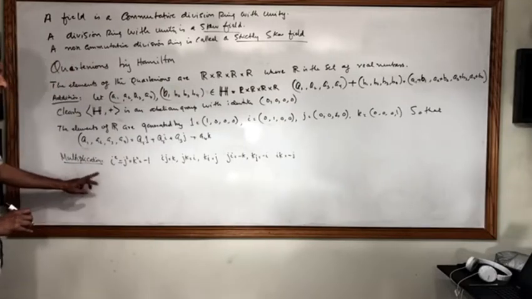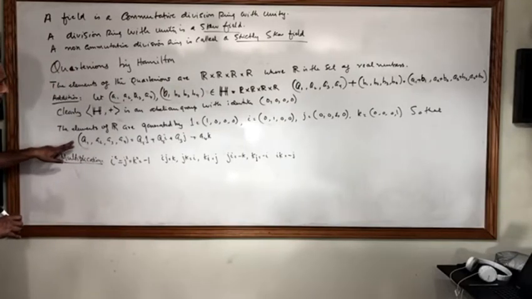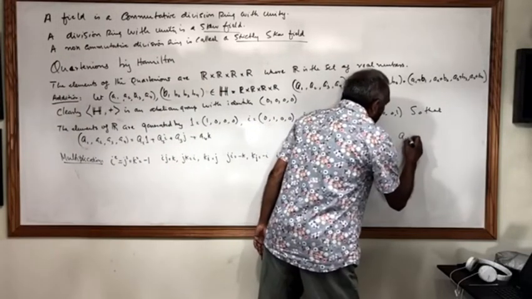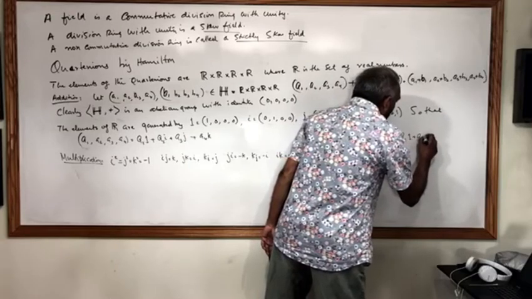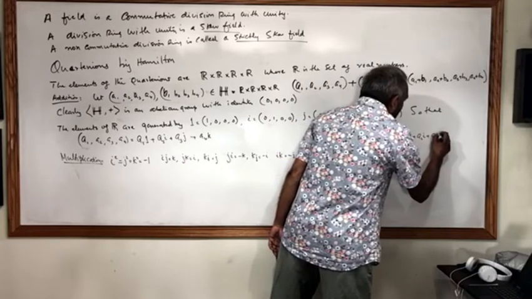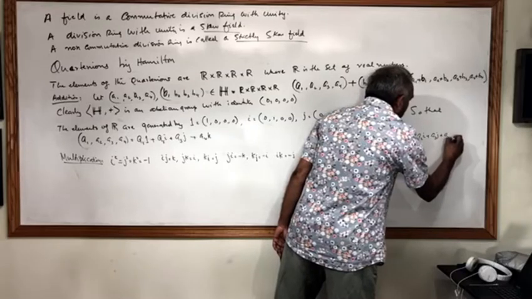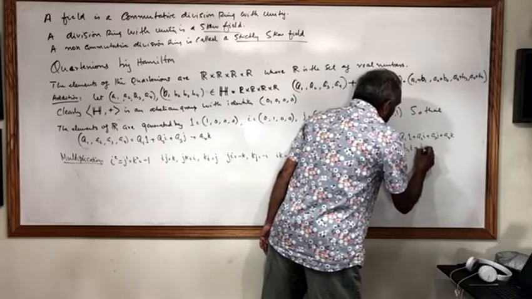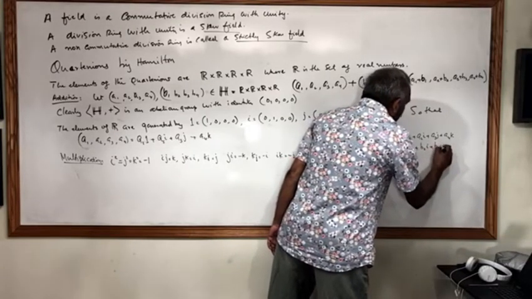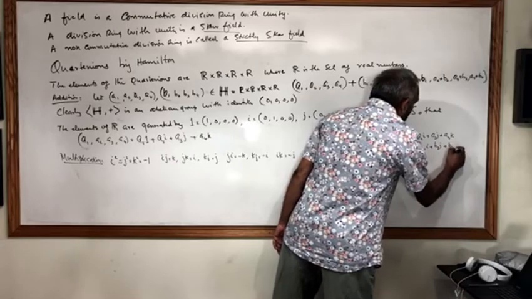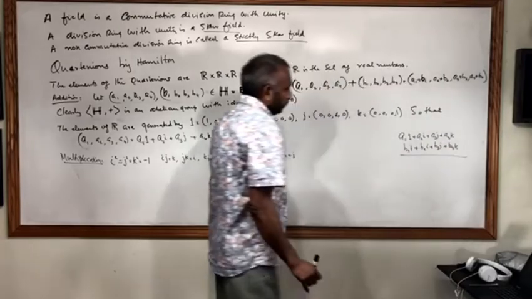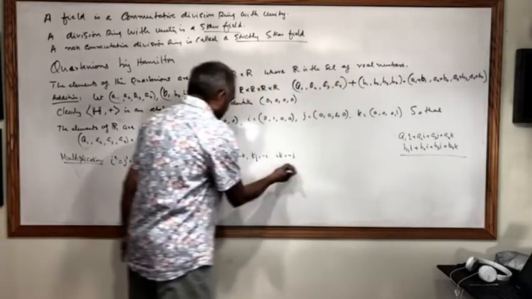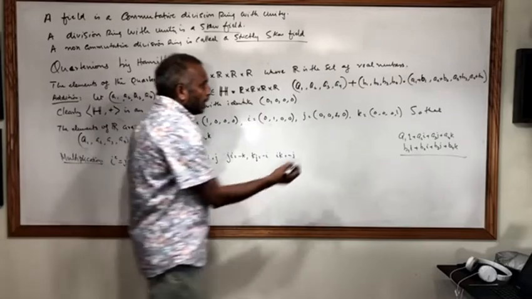Why do we want to define it like this? When you multiply two elements like A1 1 plus A2 i plus A3 j plus A4 k times B1 1 plus B2 i plus B3 j plus B4 k, you will get terms of these forms along with the coefficients.